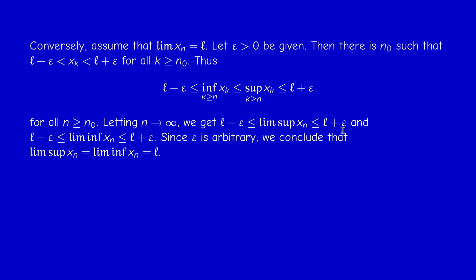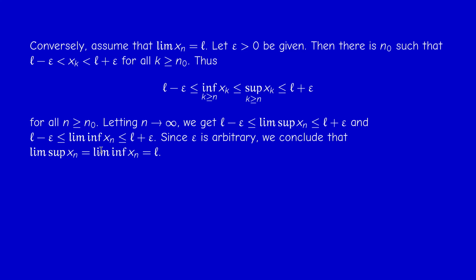This is a constant now, it doesn't depend on epsilon, right? So we get small l less than capital L less than small l. So by the sandwich theorem, we get limsup is equal to L. And you have something similar here. So this concludes the proof of point 3.